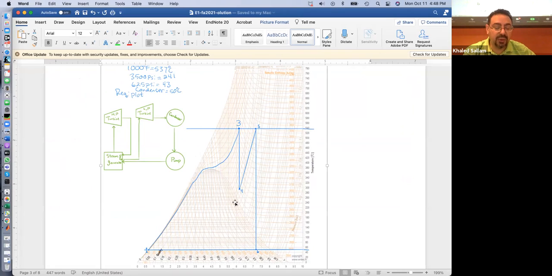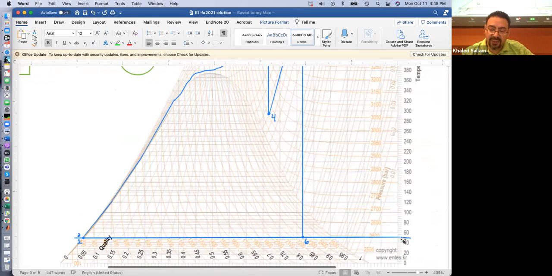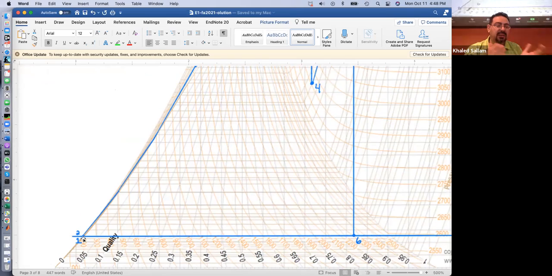And you reheat at that pressure, 43 bar, until you hit this temperature, and then you expand again isentropically all the way to what? To 50 degrees, right? 50 degrees here. And you see how that student made 1 and 2 on top of each other because he realized that there is no room. I have to make my pre-pump and after-pump state conditions almost the same.